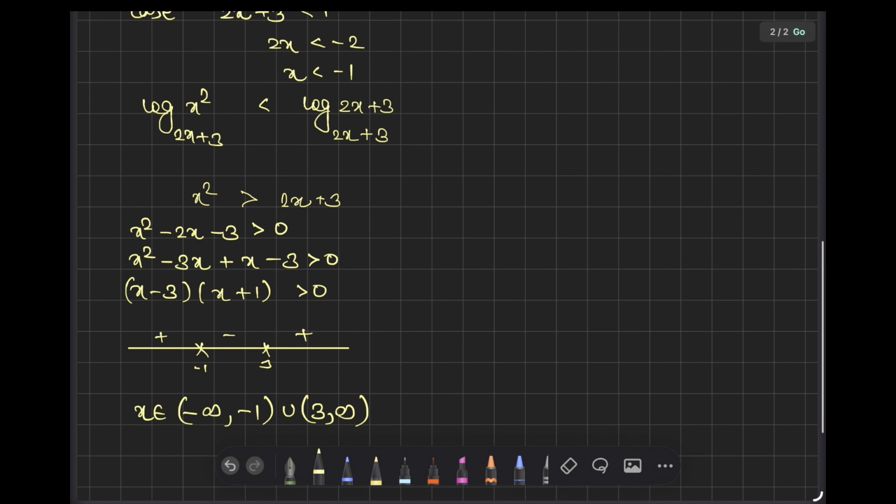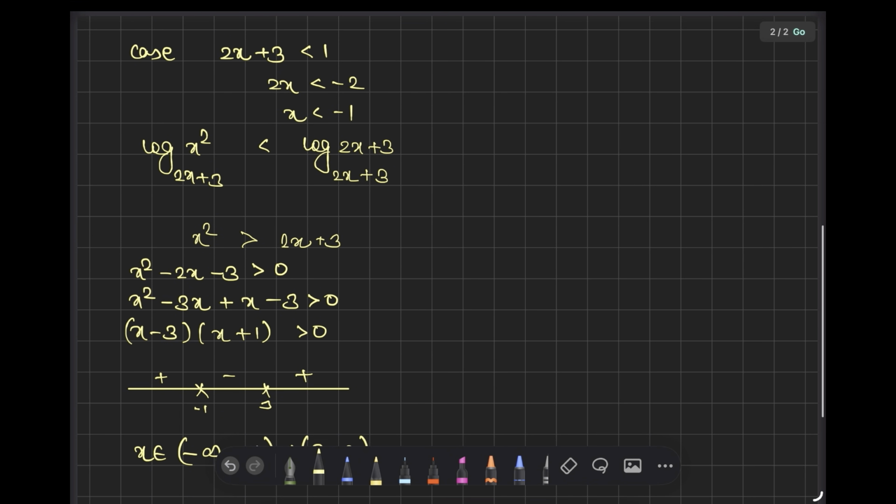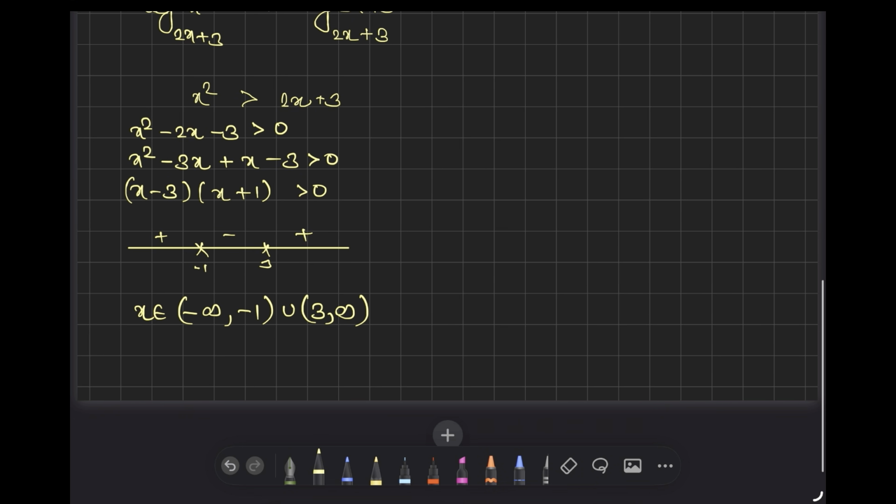So what we will do, we will take the intersection with the given case. In this case x is less than minus 1. So from this case the answer we got is minus infinity to minus 1.